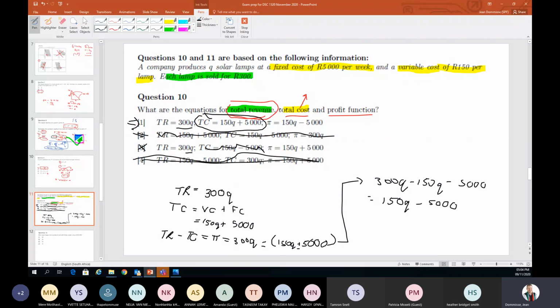Okay, so that is my profit function. So we know option 1 is correct.